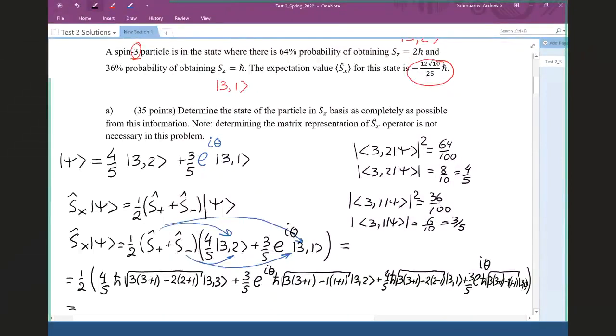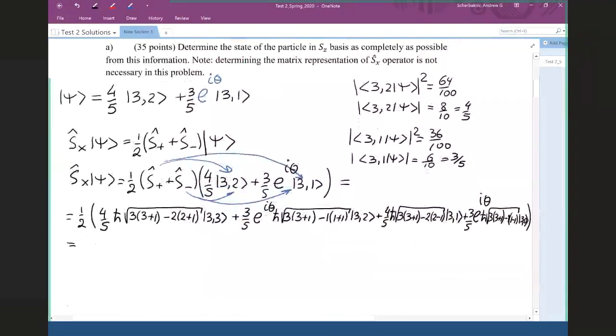I hope I didn't make any algebraic mistakes here. That looks like the correct expression. Now let's do the algebra. That's 12 minus 6, so this is the square root of 6.